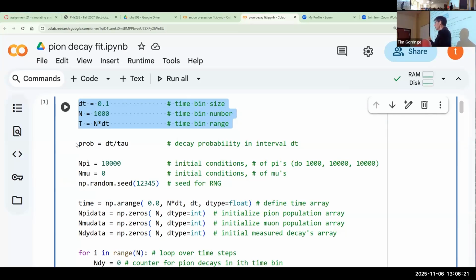Rather, what we're counting is the decays themselves. We see the moments, we record the moments when a pion decays to a muon. So this is what we would actually see in the experiment, the number of decays.